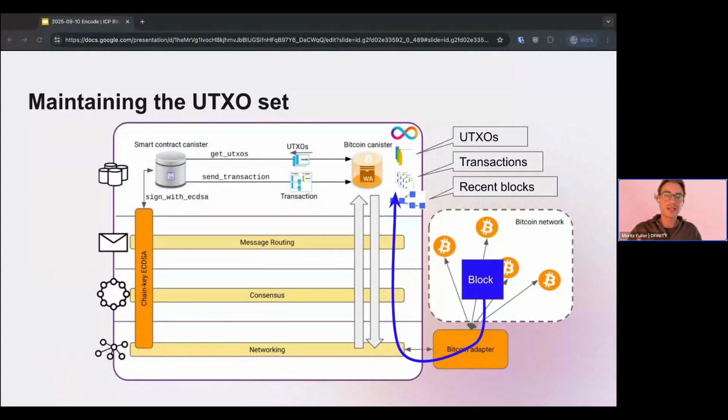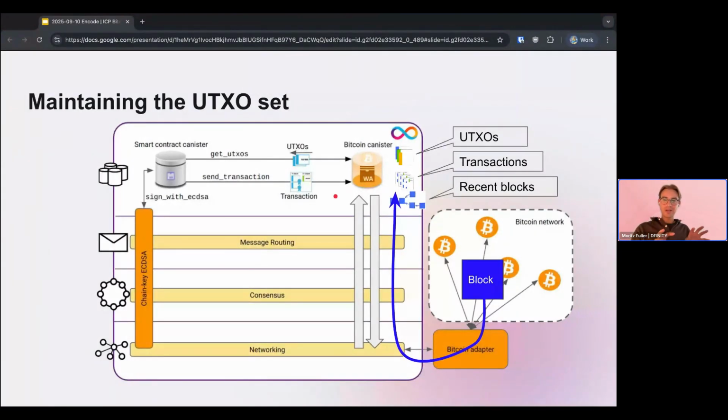How does it work that the Bitcoin canister up here can have access to the full UTXO set on chain? The way it works is that this UTXO set is managed by the Bitcoin canister and the Bitcoin adapter communicating through the internet computer's protocol stack. So this is the protocol stack, and those two communicate through this stack. The process starts with the Bitcoin canister requesting successor blocks to the latest block it received from the Bitcoin adapter.